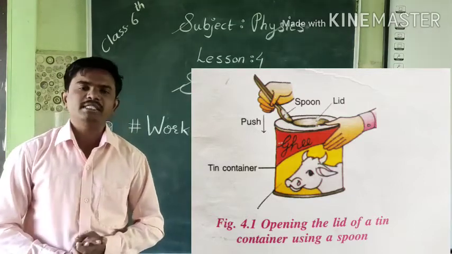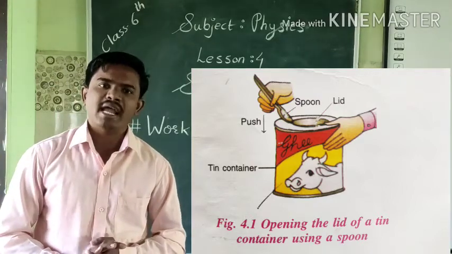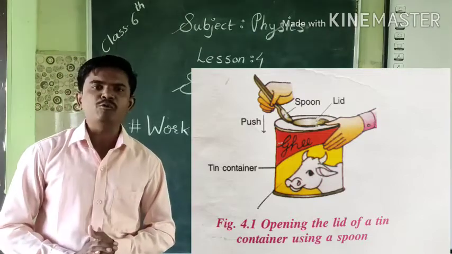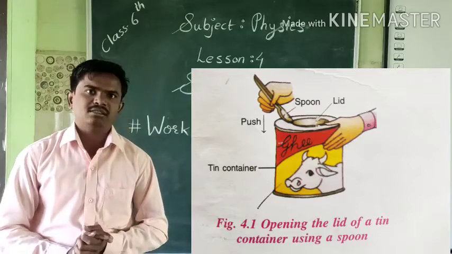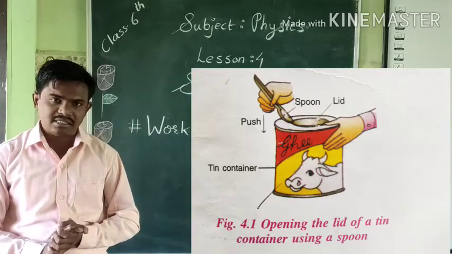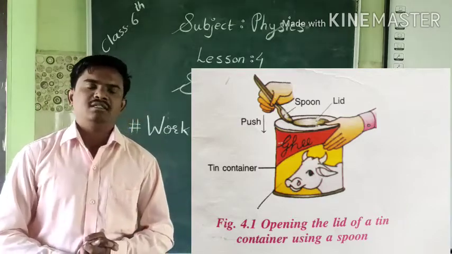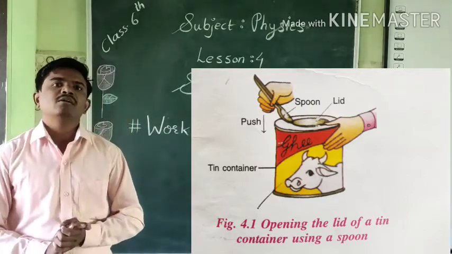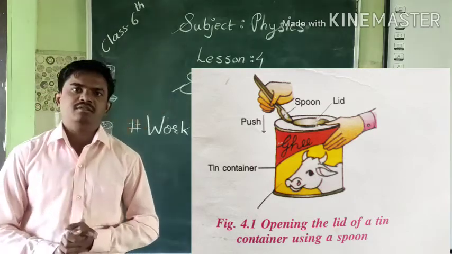The spoon is inserted between the lid and the edge of the tin container, and we push the spoon from the other side and the lid opens very easily. So we can say that the spoon works here as a simple machine.